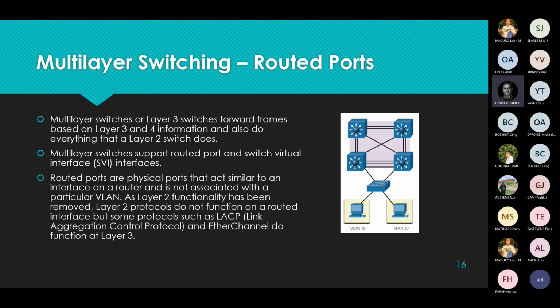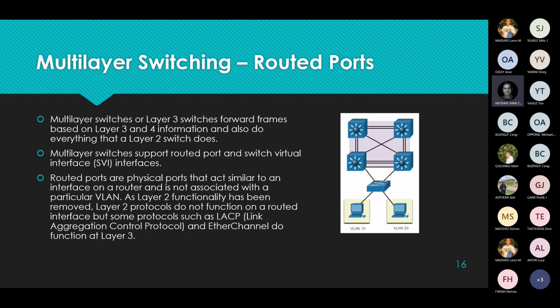And then what is important is redundancy between them, because they aggregate traffic from different access switches or layer 2 switches, and they provide connectivity at the back end of your network. They have more features to do with security, to do with forwarding, and more speedy forwarding, and that's why they are important.